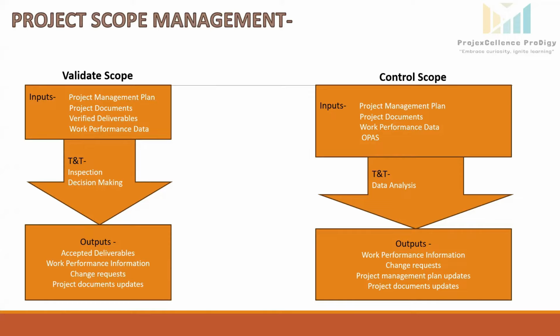This process is done periodically during the project as necessary. If we talk about inputs here, so project management plan. Three components of the project management plan, scope management plan, requirement management plan, and scope baseline, will provide a foundational base for this process.